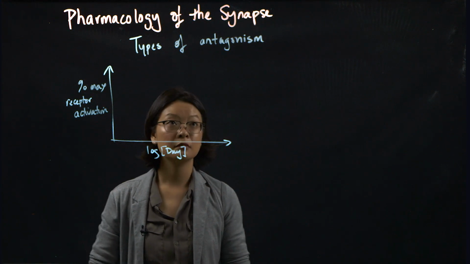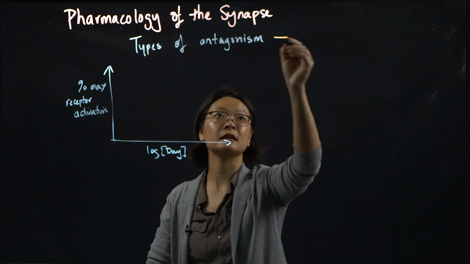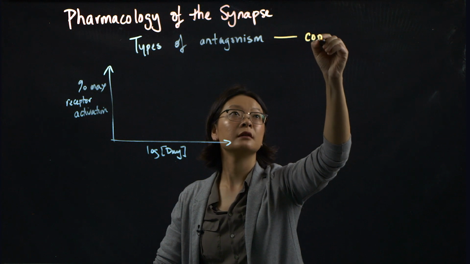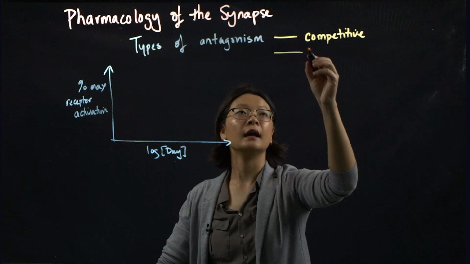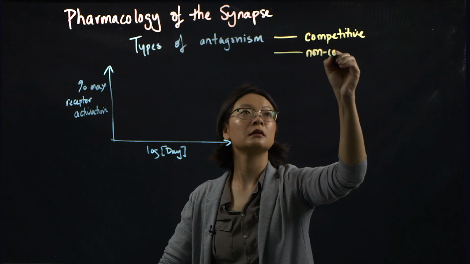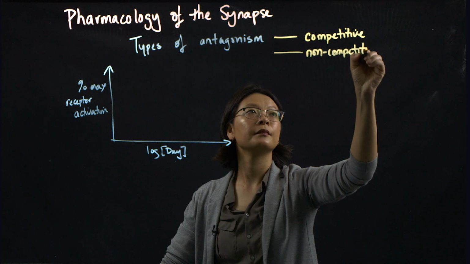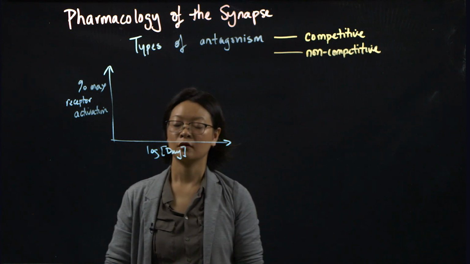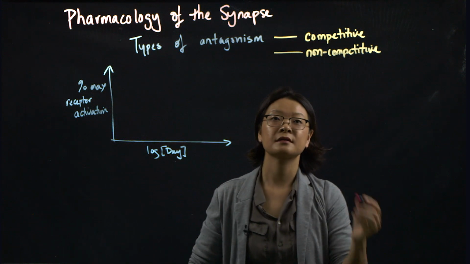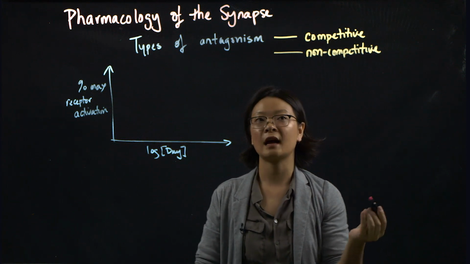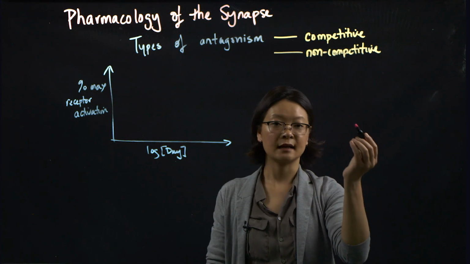And so there are two major categories of antagonists: competitive and non-competitive. So a competitive antagonist is something that competes with the agonist at the same ligand binding spot.